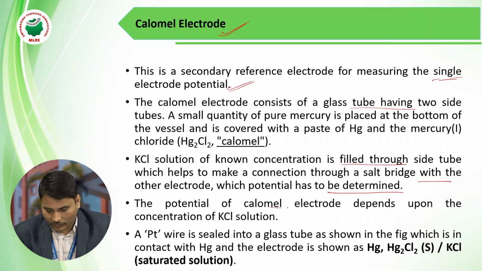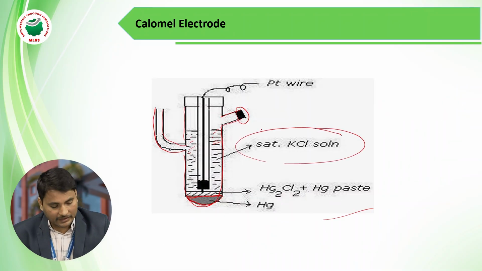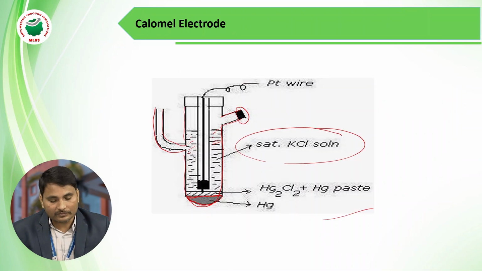The potential of the calomel electrode depends on the concentration of the KCl solution. Whichever KCl solution we use here definitely affects the potential of the electrode. A platinum wire is sealed into a glass tube as shown in the figure, which is in contact with mercury, and the electrode is shown as mercury, mercurous chloride and KCl.